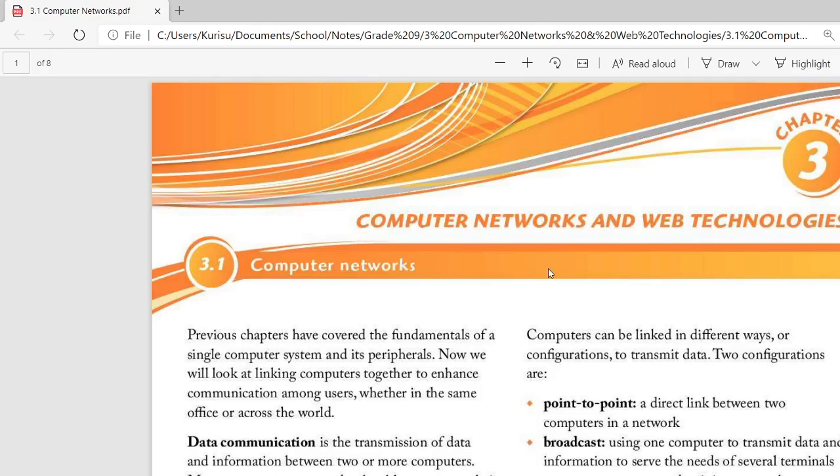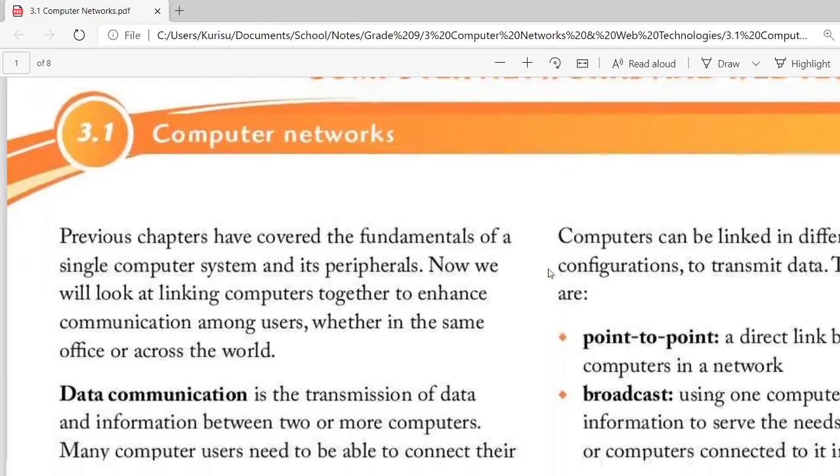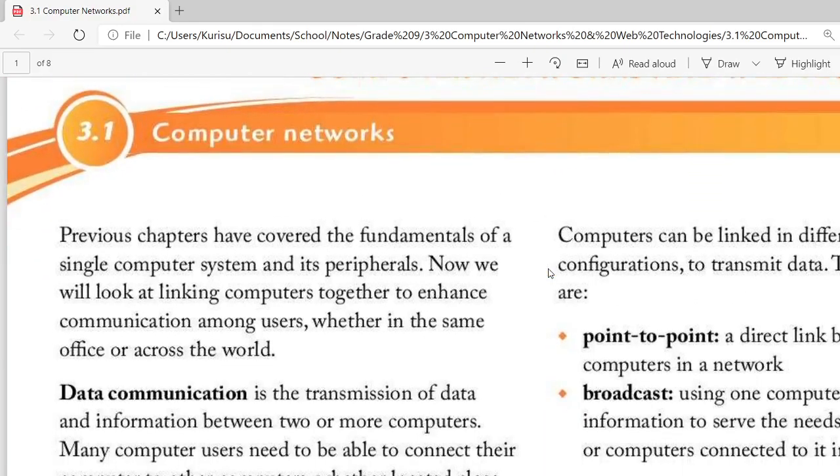Now, last term we would have looked at computer hardware, software, and so on. We would have looked at the basics of hardware and software. With that basic, you would have understood the difference between data and information.